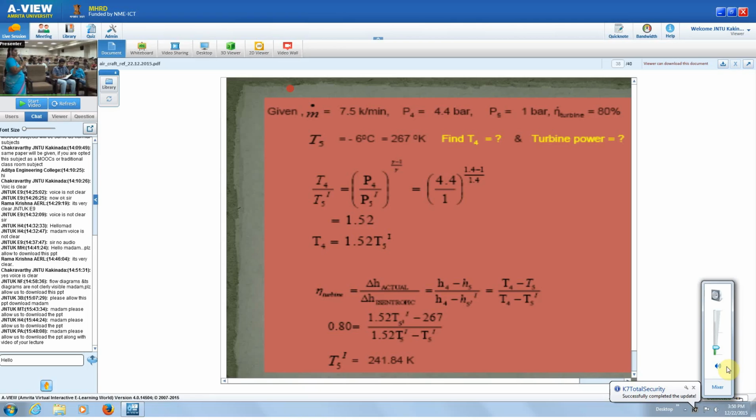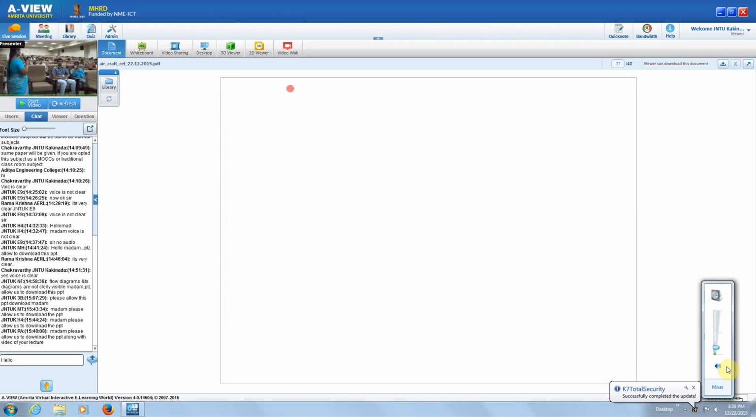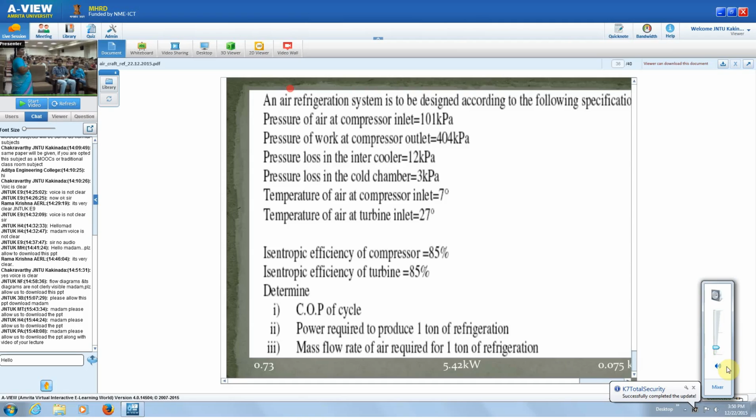You can get all the flow diagrams and a number of examples are also there. See all the example problems. With the cooling systems, only the length of the problem will increase. The same mechanical procedure of finding all those.